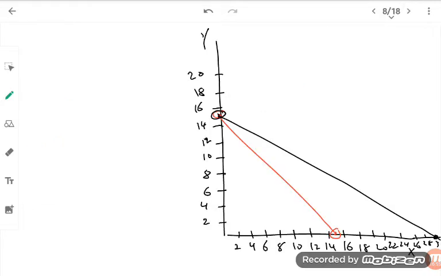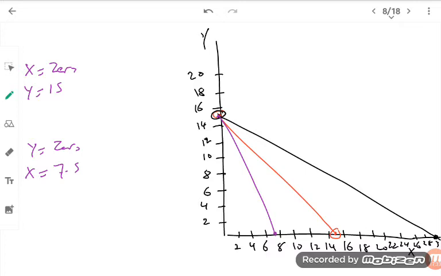So the two combinations will be x equals 0, y equals 15, and y equals 0, x equals 7.5. So this is the third line. Okay.